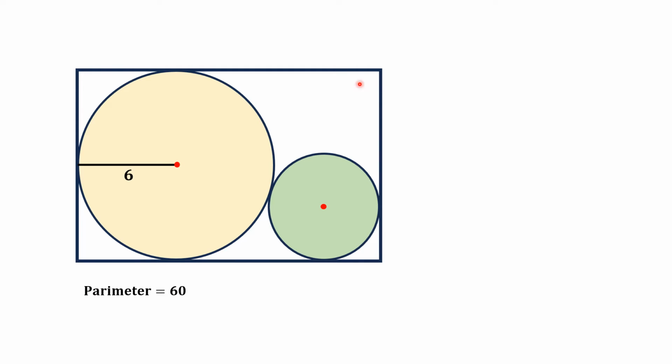The perimeter of the rectangle is 60 units, and we know that the perimeter formula is 2 times (length plus width). Since the radius of this larger circle is 6 units, which is exactly half of the width of this rectangle, the width of this rectangle is 12 units.